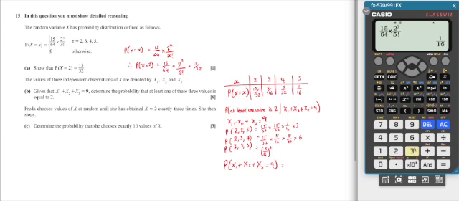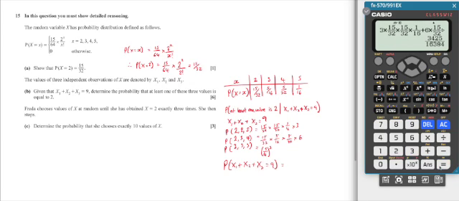So we have got 3 times 15 over 32 times 15 over 32 times 1 over 16 plus 6 times 15 over 32 times 5 over 16 times 5 over 32 plus, let's just do this cubed, 5 over 16, not squared, cubed.